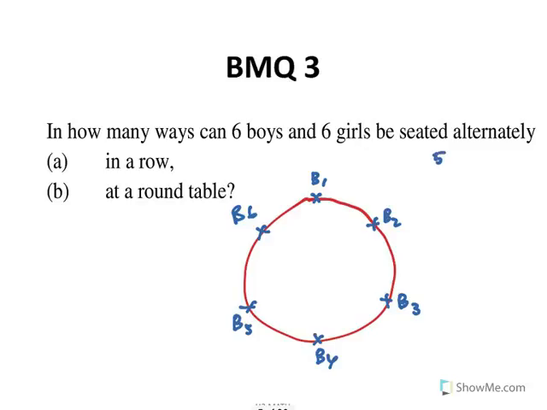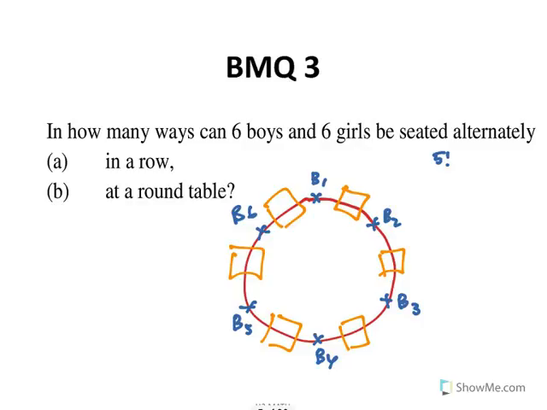5 factorial. Now consider that we are going to slot in the girls. So this is a slot for a girl: 1, 2, 3, 4, 5, 6. How many ways can we slot the girls? We're now in the second stage of slotting. Arranging these girls would no longer be the same as arranging the table.